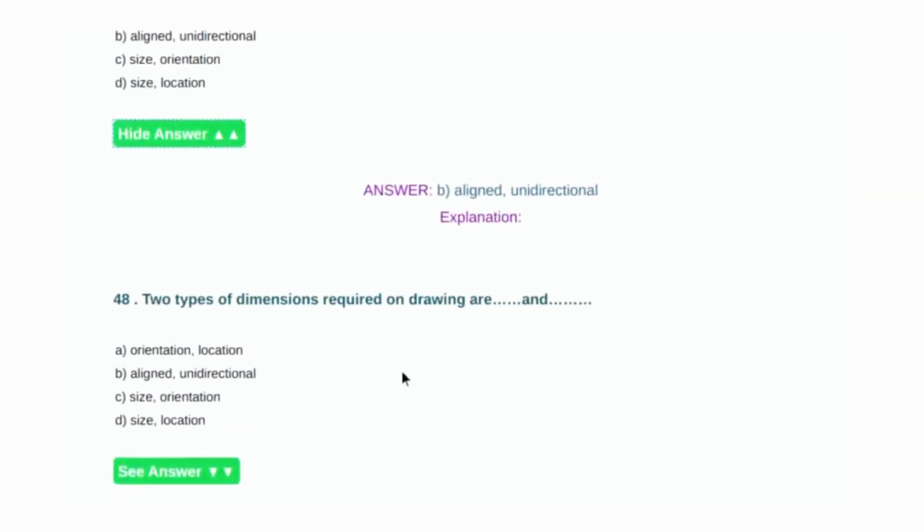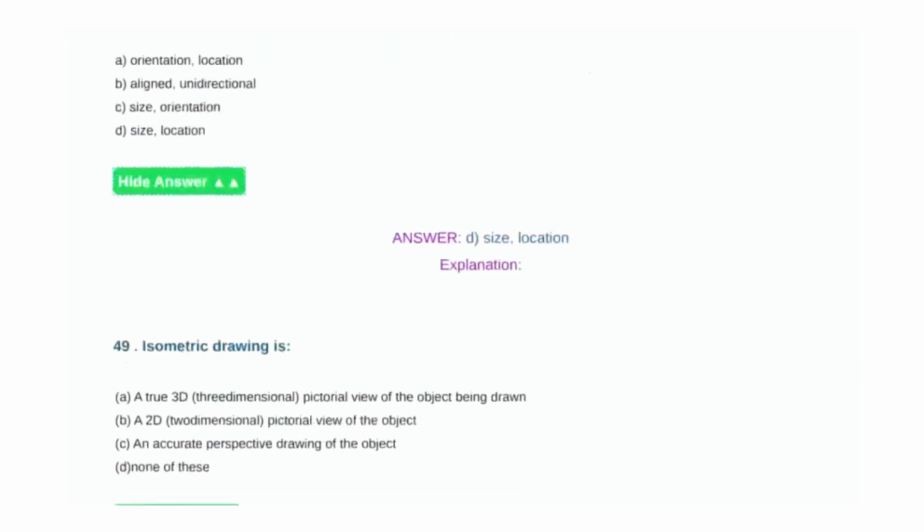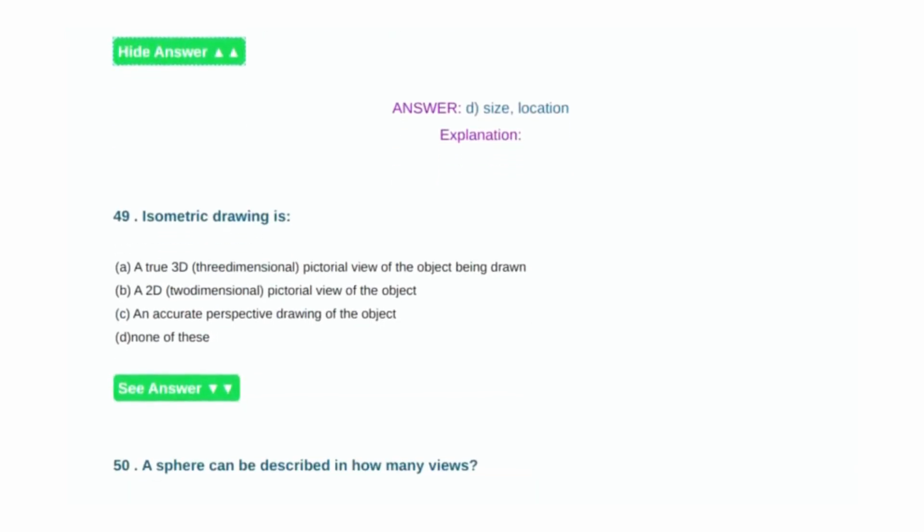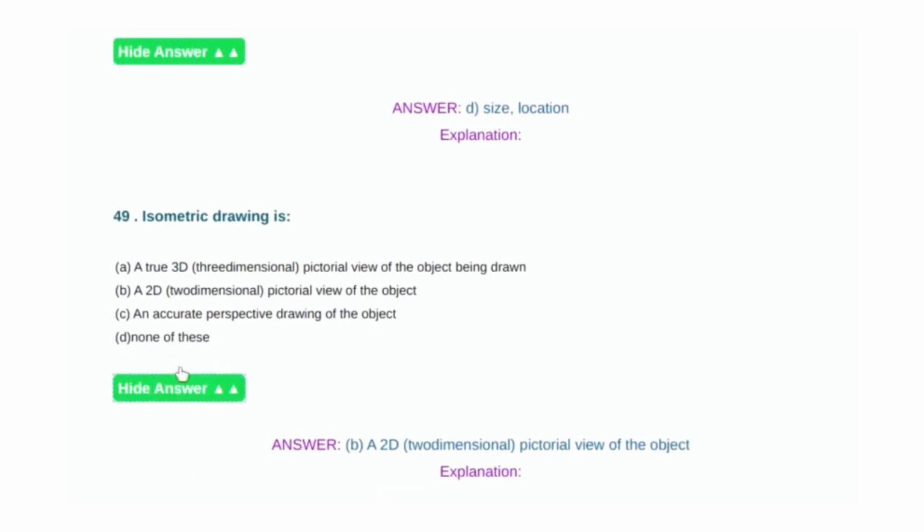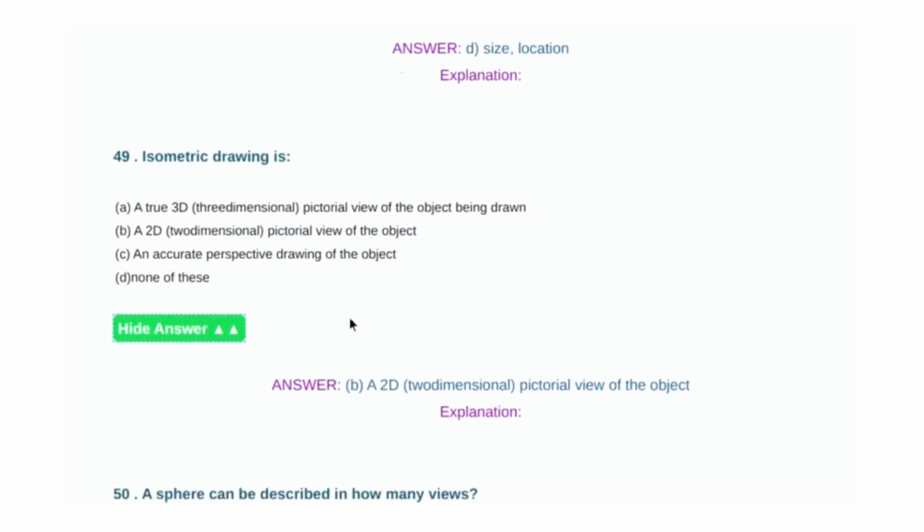Two types of dimensions required on a drawing are: orientation and location, aligned and unidirectional, size and orientation, size and location. Size and location. Isometric drawing is a true 3D or 2D and accurate perspective drawing of an object. Option B, 2D pictorial view of an object.